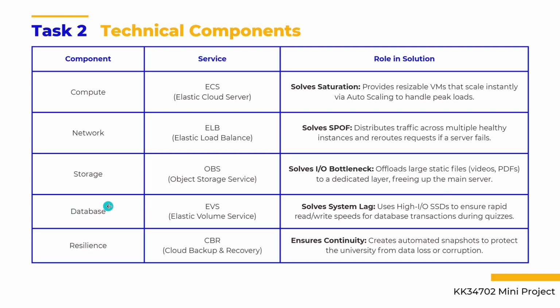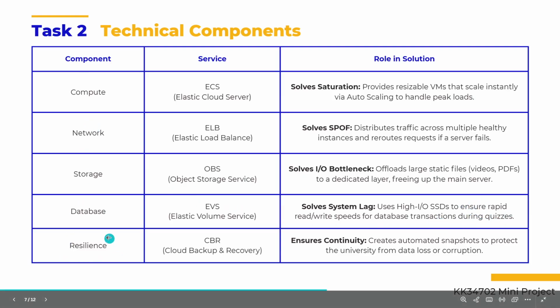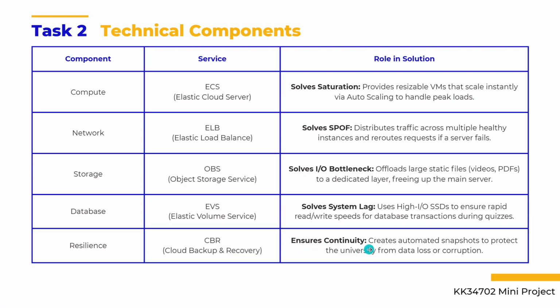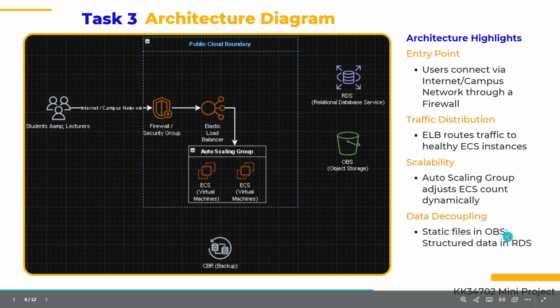The database component will use an Elastic Volume Service, or EVS, which solves the system lag by using a high input-output SSD, or solid state drive, to ensure rapid read-write speeds for database transactions during quizzes. And then the resilient component is the Cloud Backup and Recovery, or CBR, which ensures continuity by creating automated snapshots to protect the university from data loss or corruption.